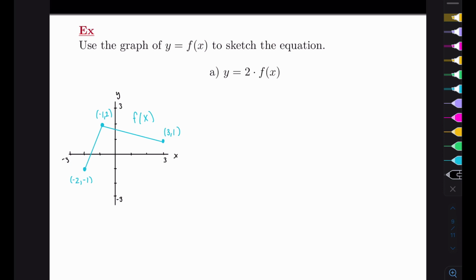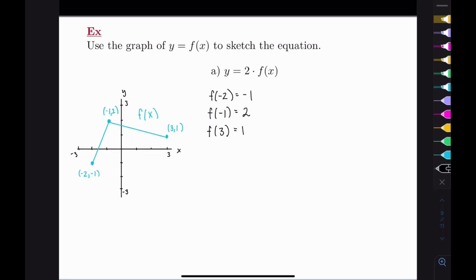So what I kind of want to show you is just through walking through point by point. We have all of these labeled out. So when you plug negative 2 into this function, the output is negative 1. When I plug negative 1 into the function, the output is positive 2. And when we plug 3 into the function, the output is positive 1.